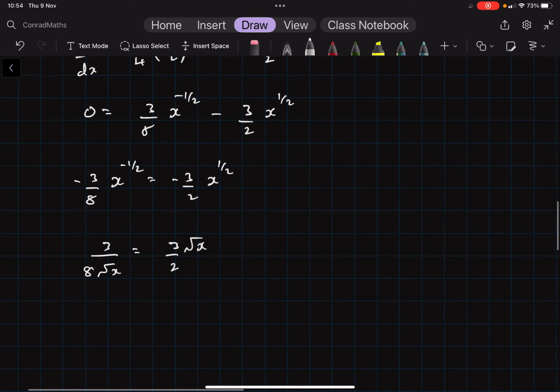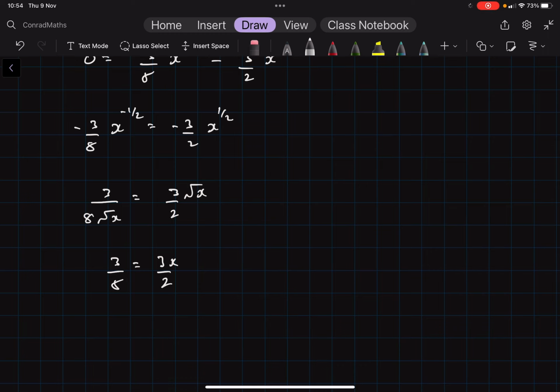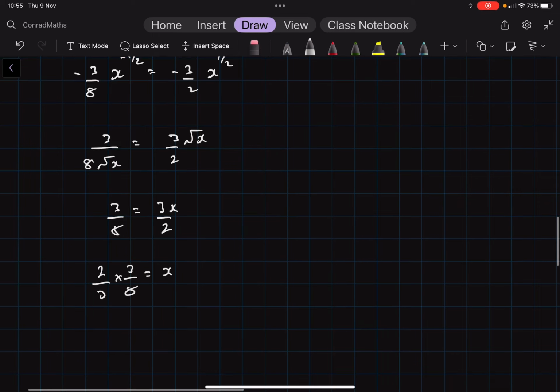Multiplied by root x on both sides, multiplied by 2, divide by 3, and x is equal to 1/4.